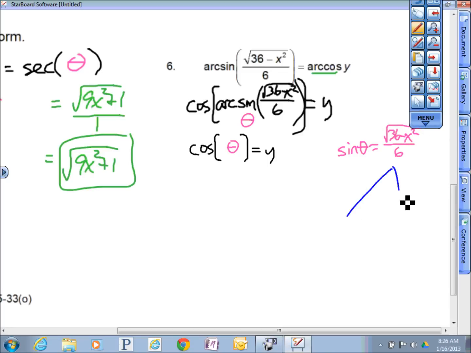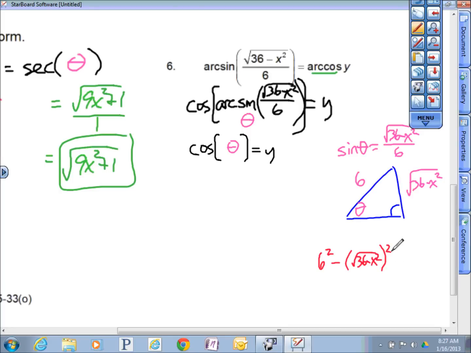Sure we can. According to that, for the theta that we're dealing with, the opposite would be that root, 36 minus x squared. The hypotenuse would be a 6. Now, finding this last side is going to be a bit of a challenge. I'm actually going to write this down this time. So this is the square root of 6 squared minus the quantity root of 36 minus x squared, being squared.